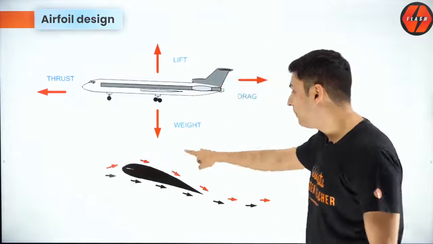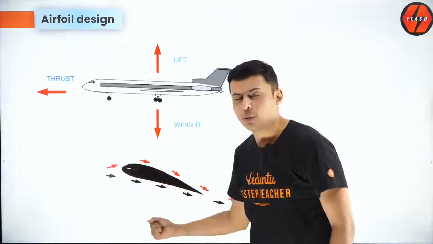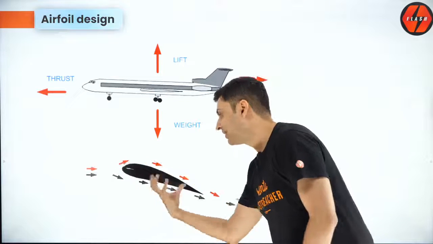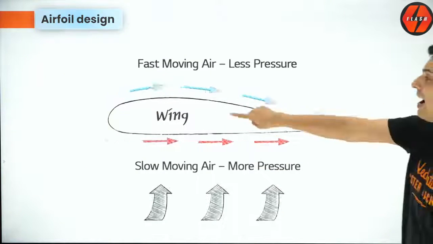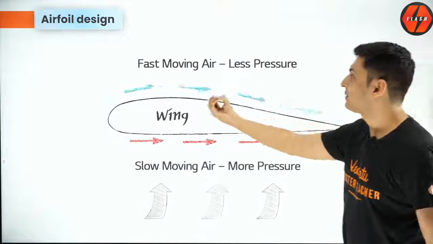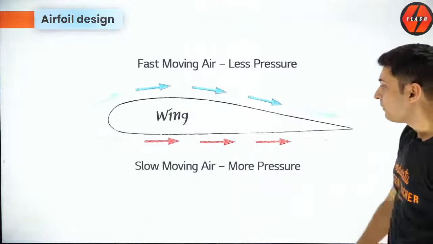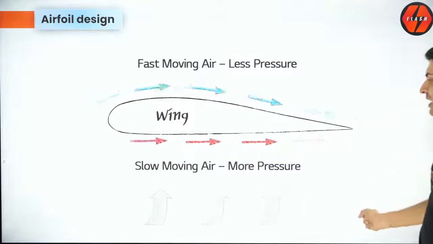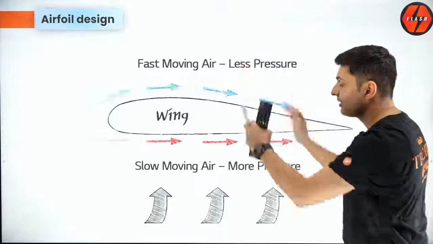So the red one should be really fast and the black one should be really slow so that it creates high pressure. And that's what happens. The fast moving air, when speed is more, according to Bernoulli, creates less pressure, but the slow moving air will create higher pressure that creates that lift.